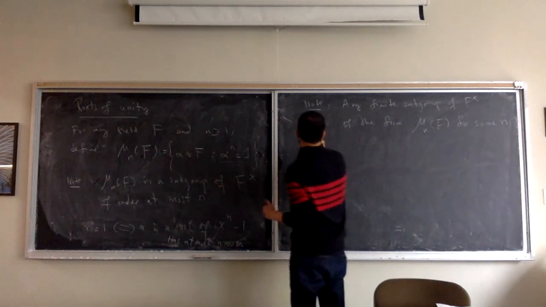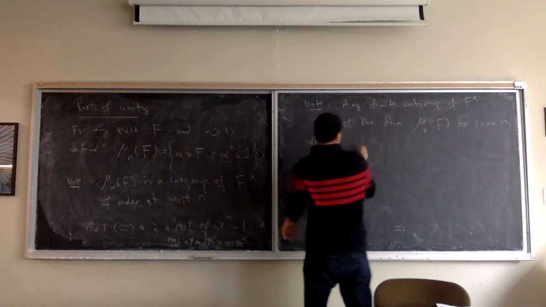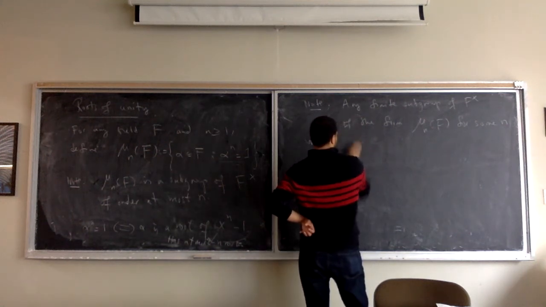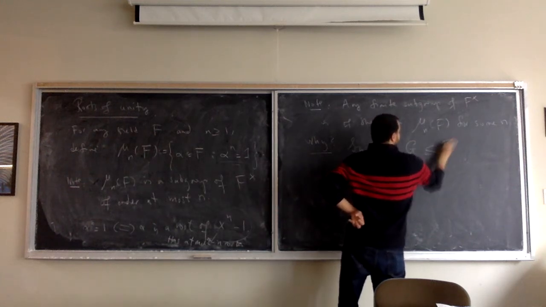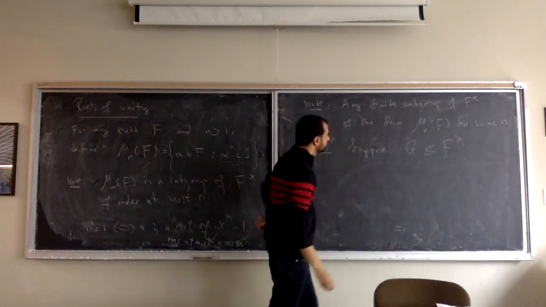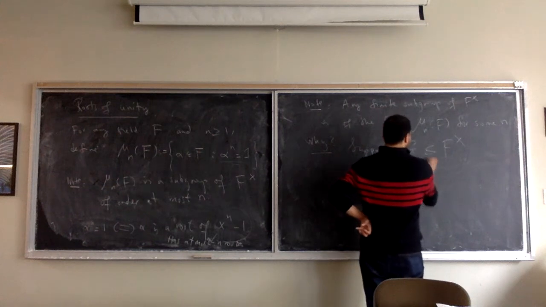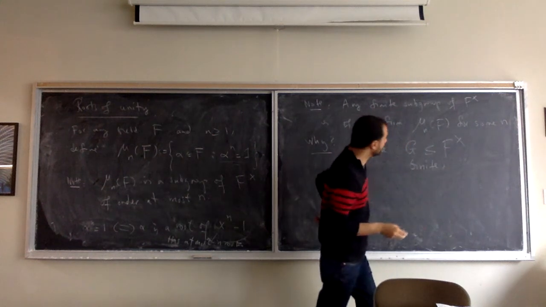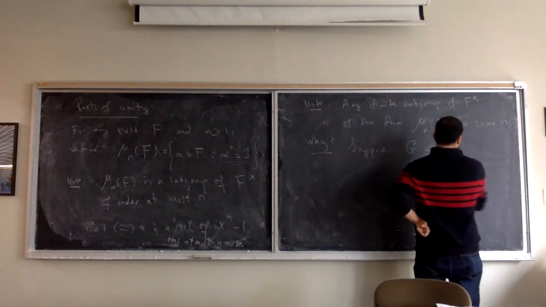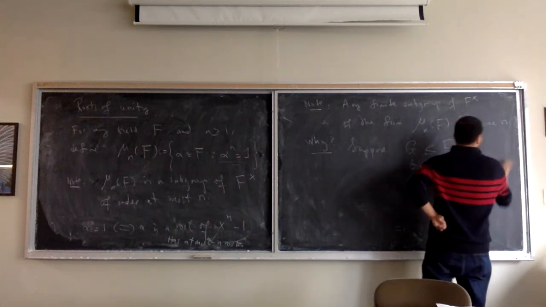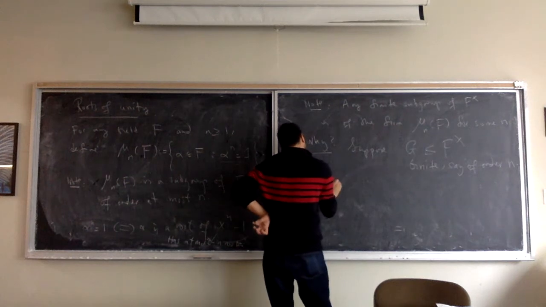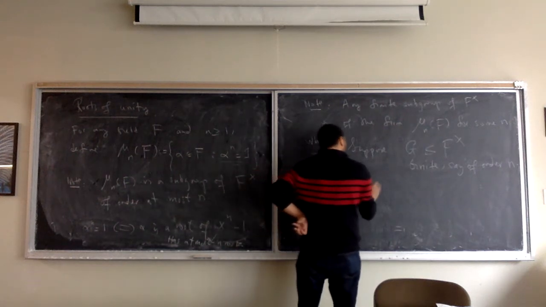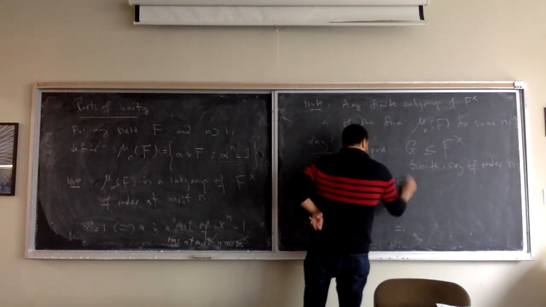Why? Suppose G is a subgroup of F star, it's finite, so it has some finite order, say of order n. Then the claim is that G is exactly equal to mu n of F.